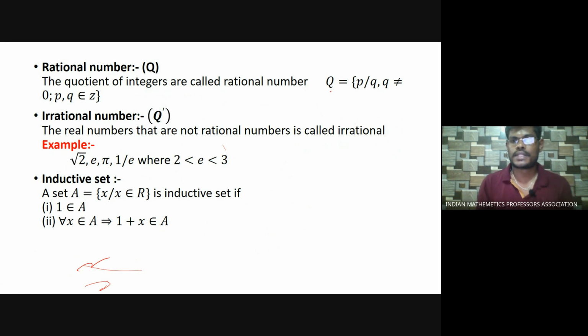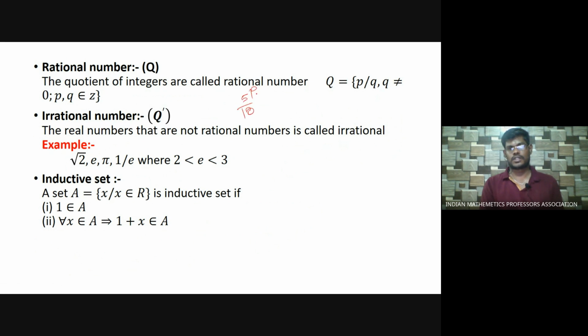Okay, so Q is equal to P by Q, Q not equal to 0, then P comma Q belongs to an integer. Okay, so this is a formal definition of rational numbers. For example, 5 by 10.